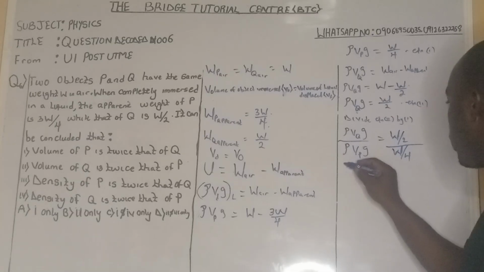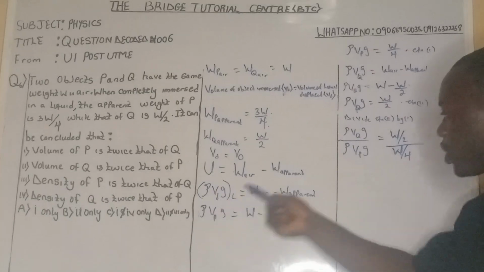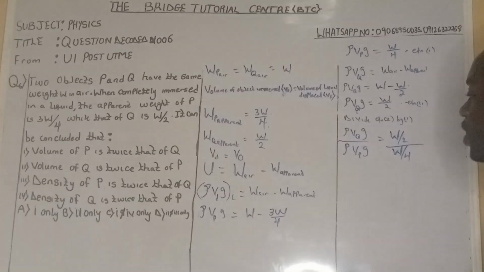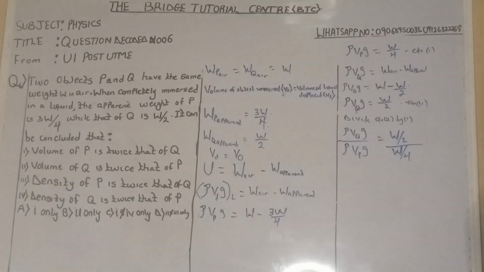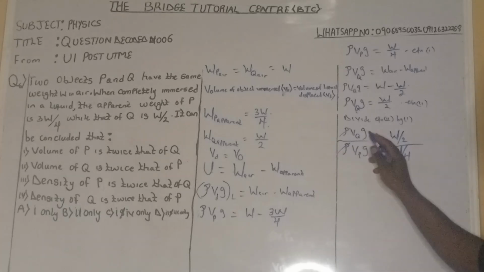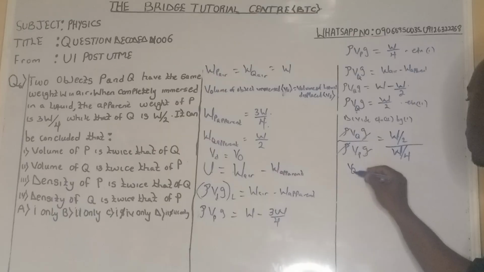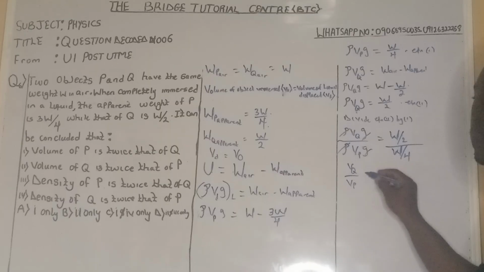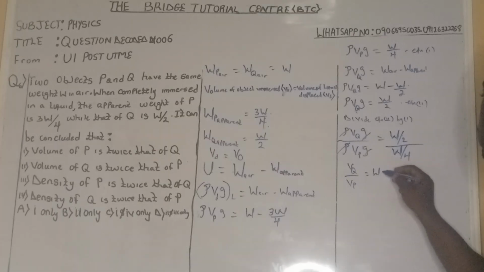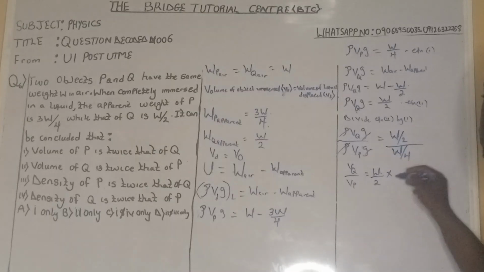So what are we going to have? We are using the same liquid, and everything about upthrust is about the liquid. Since they are immersed in the same liquid, we are going to have the same density. So rho will cancel rho, and g will also cancel g. So we have V_Q over V_P equals W over 2 multiplied by 4 over W. So W cancels W, and we have 4 over 2, which is 2.